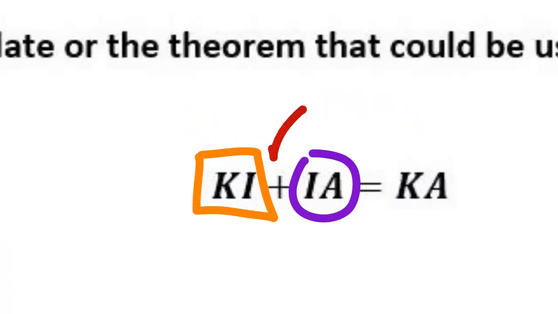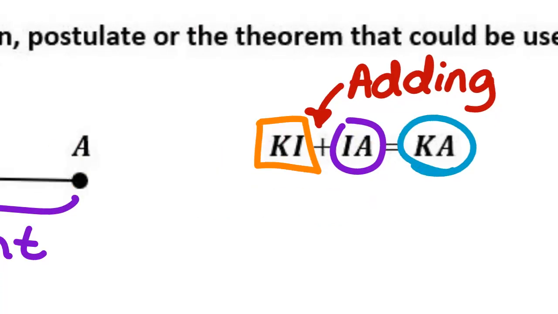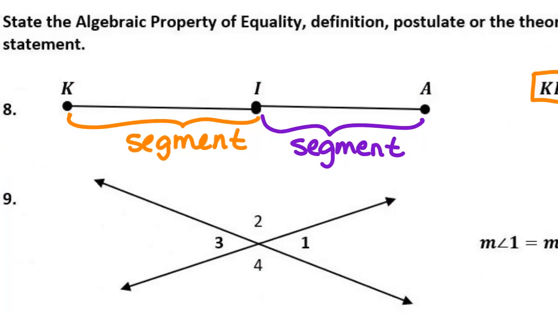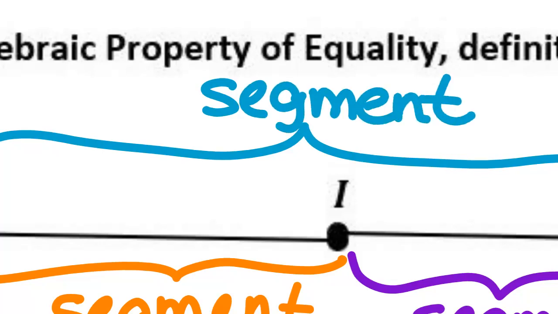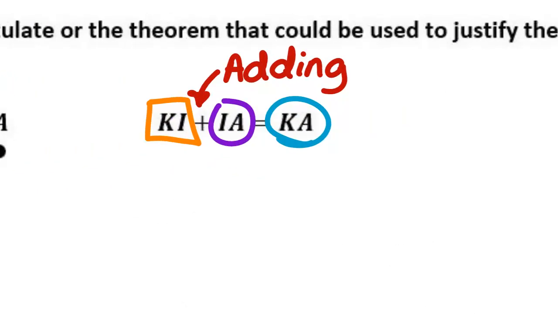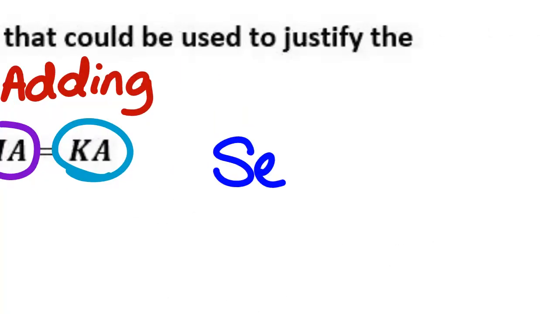We are adding them. And then my last question on this one is, what is KA? The whole segment. So KA is another segment. So I have a segment plus a segment equals a segment. This would be the segment addition postulate.